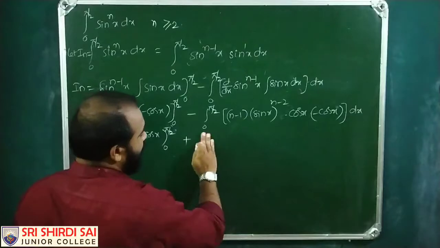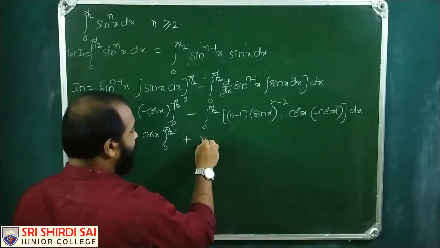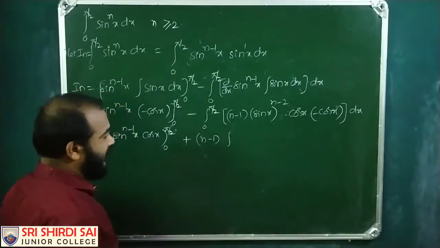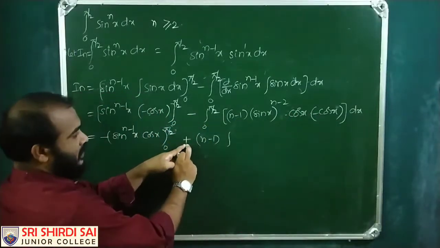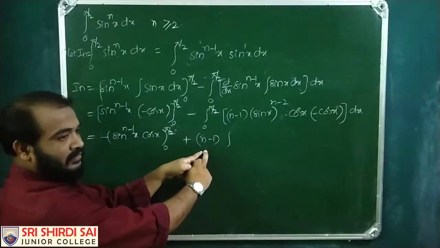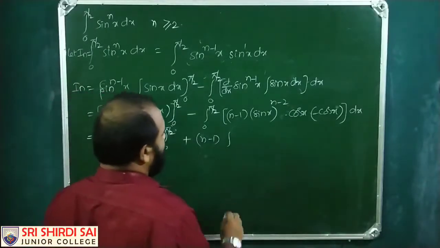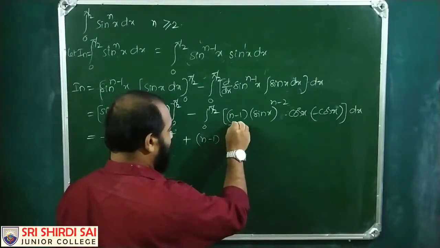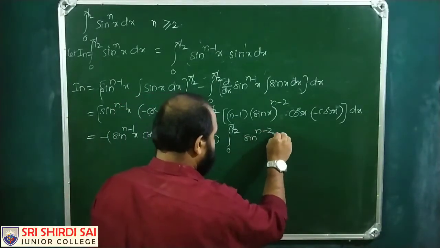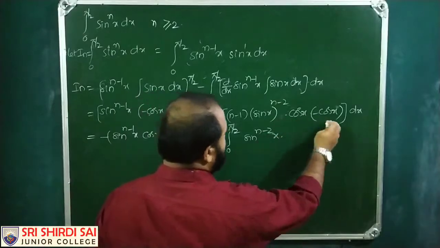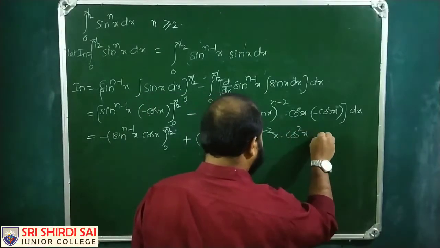Since n minus 1 is a constant, we are separating it from the process of integration. Minus into minus is plus, and n minus 1 is a constant taken apart. So integral 0 to pi by 2 sin power n minus 2 x into cos x into cos x, which is cos square x dx.